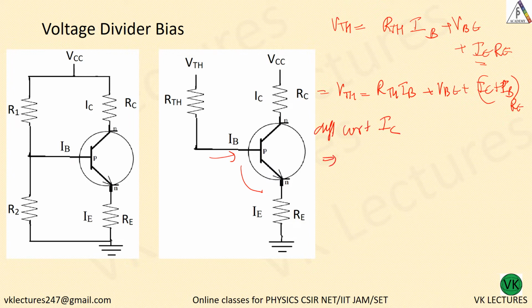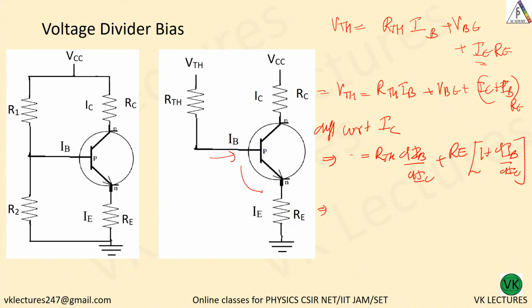What you have? This is 0. So RTH into dIB by dIC plus this quantity again 0, RE into 1 plus dIB by dIC. Correct? Yeah.